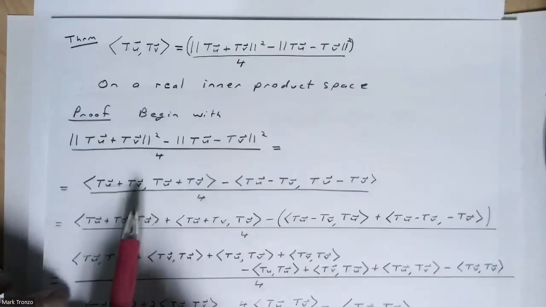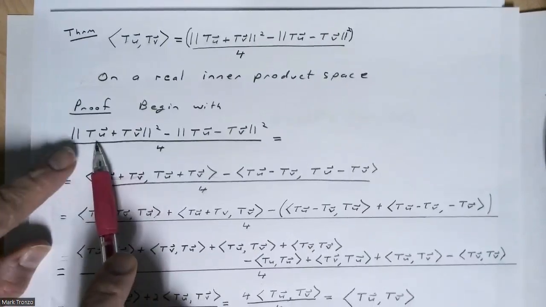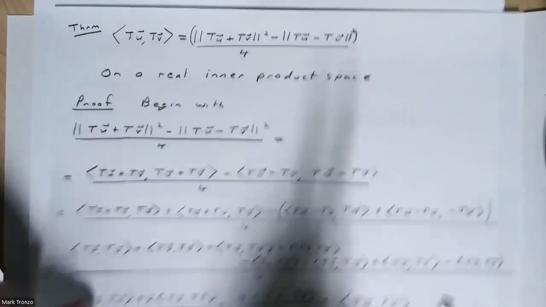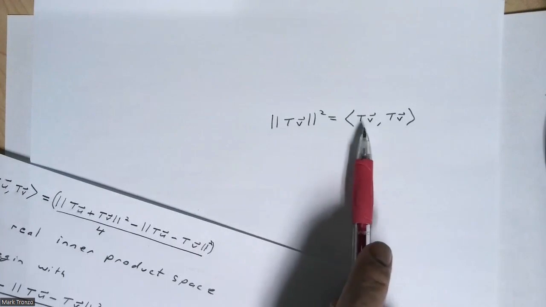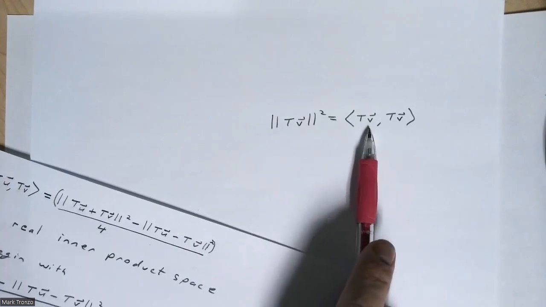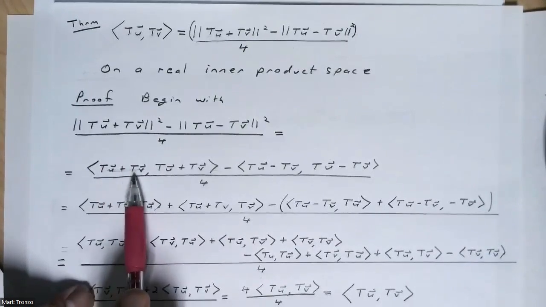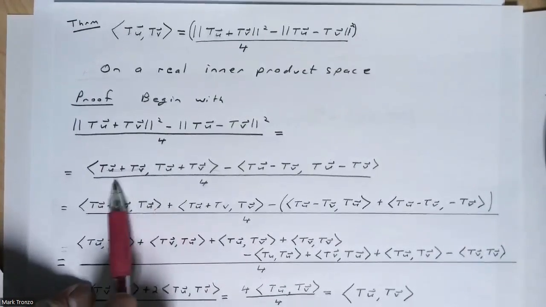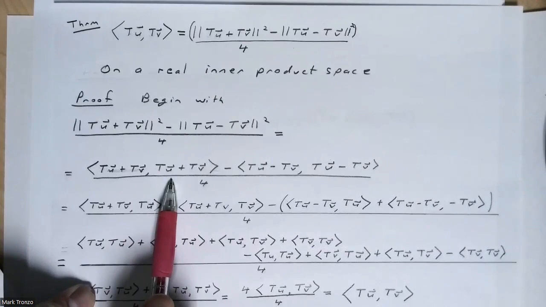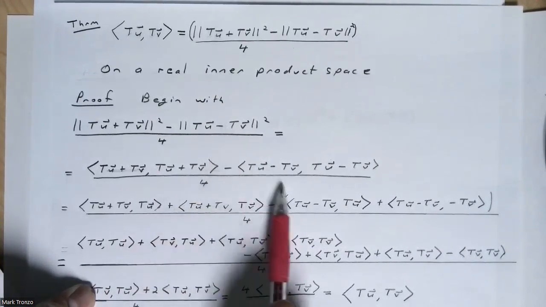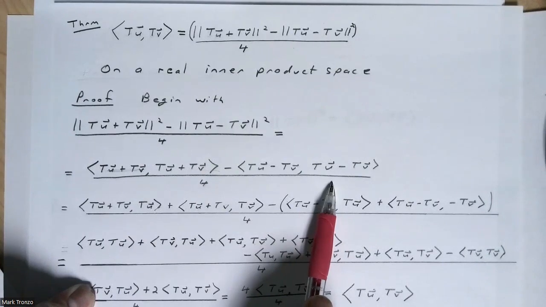And so for this first step, same thing here, we're going to take what's inside the norm, just like we had here, and put it in the inner product on both sides. We have this here, put it in the inner product right here, and same thing over here, put what we have here in the inner product.